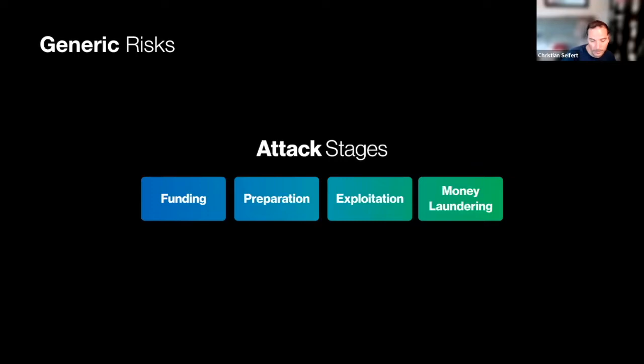Changing tokens into native assets, and then using privacy protocols like Tornado Cash. I think these attacker behaviors have generic techniques underlying each of these stages, which provide yet another monitoring opportunity. It's a bit like taking a step back from the protocol-specific and looking at generic attack behaviors that are consistent with the attack stages.